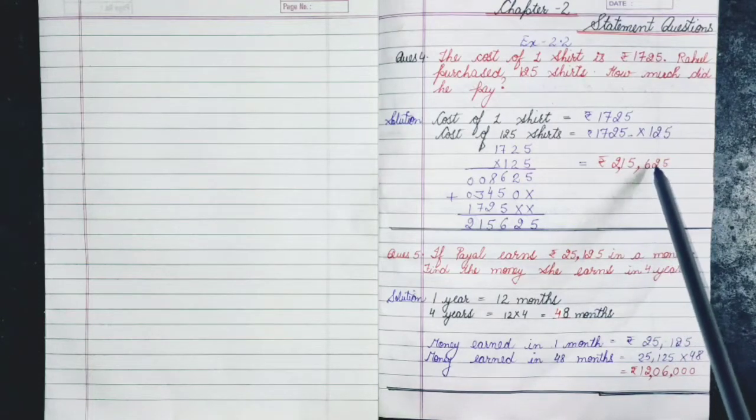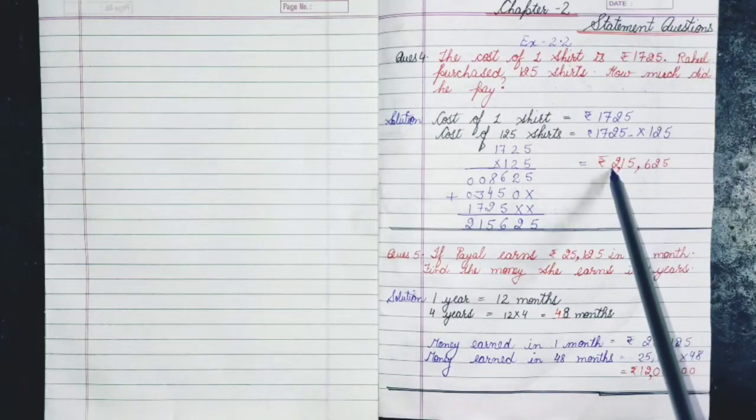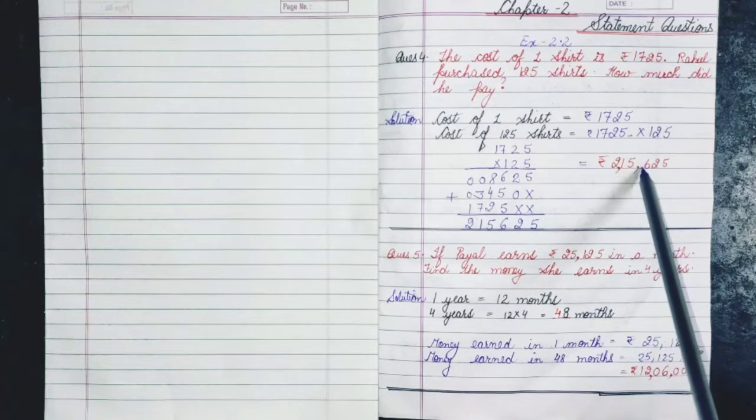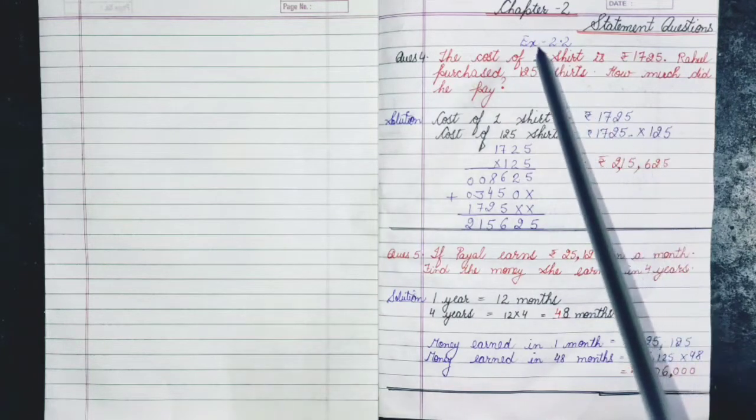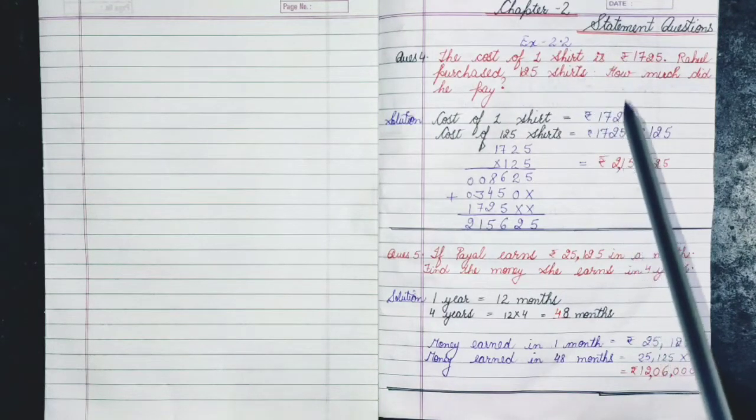It means that Rahul is required to pay rupees 2,15,625 for 125 shirts. Clear everyone? Let's move to the fifth question.